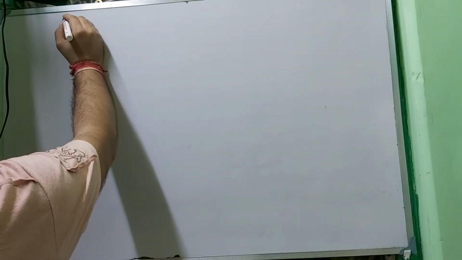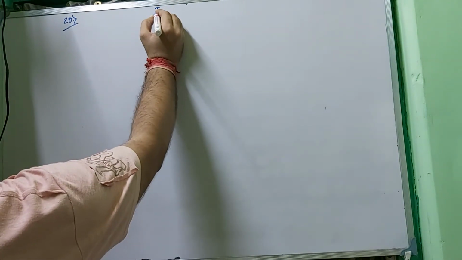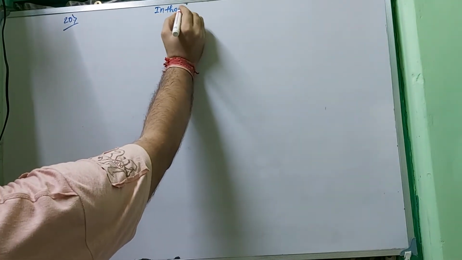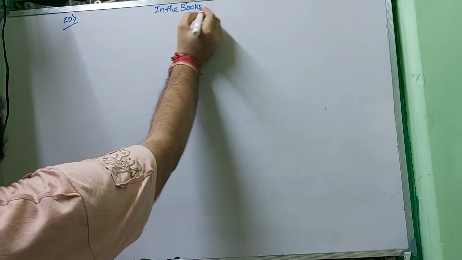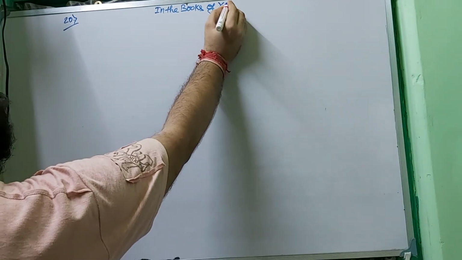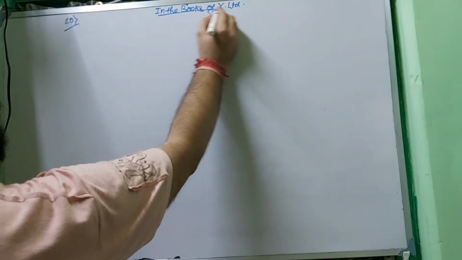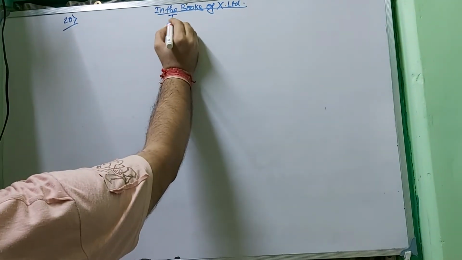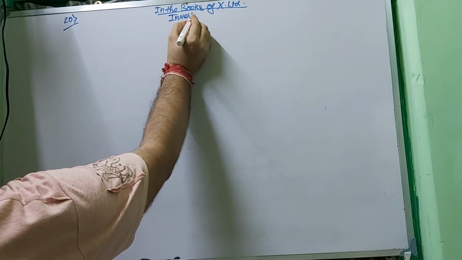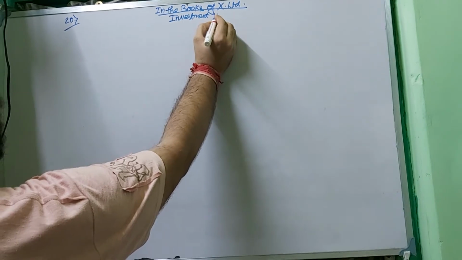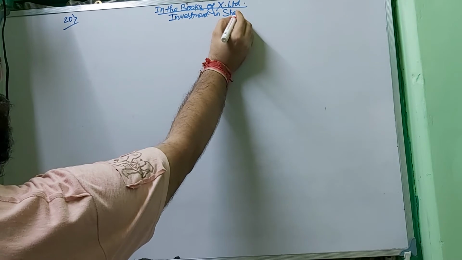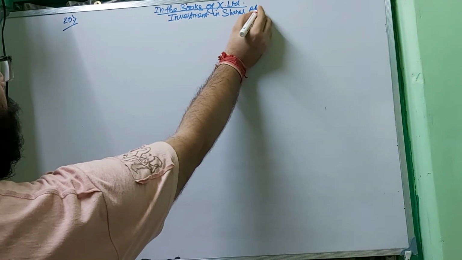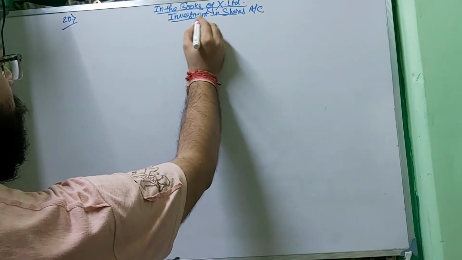the solution of sum number 20, which is in the books of X Limited. In the books of X Limited, investment in shares account. Okay.